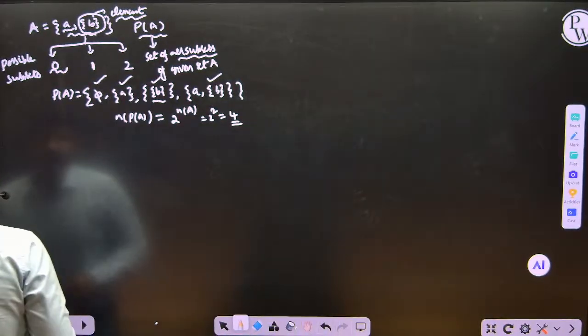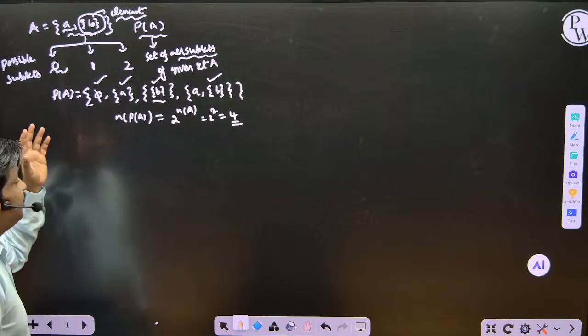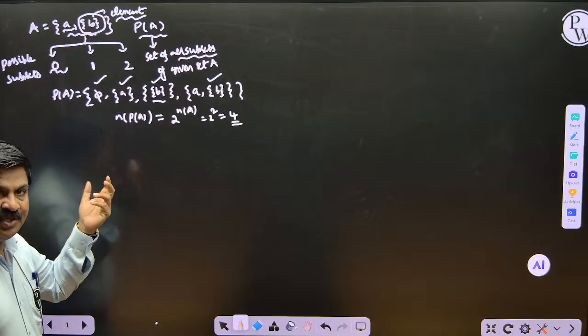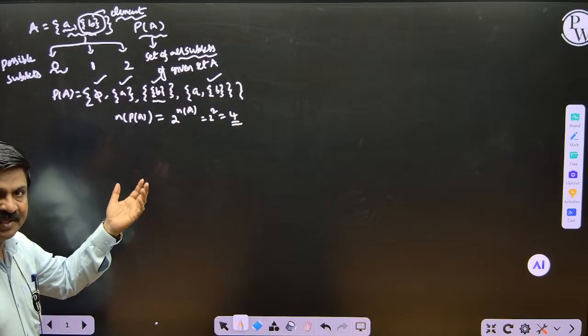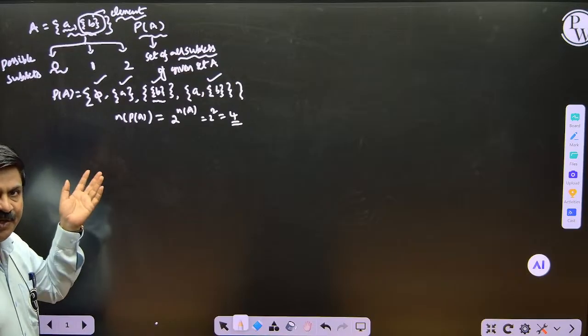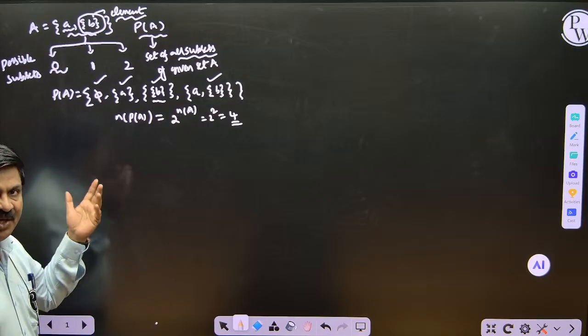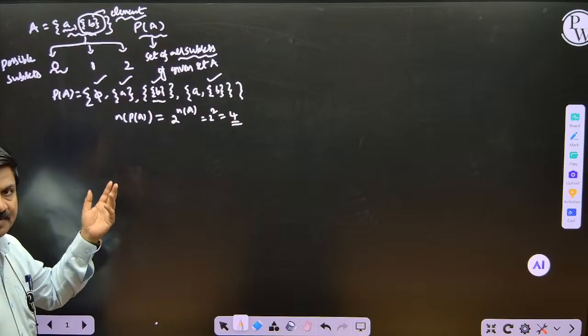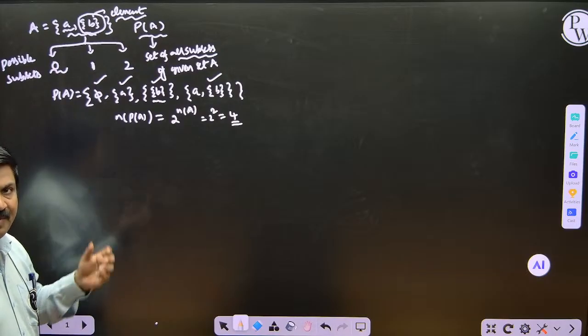Because the set has two elements, I consider zero element subset, one element subset, and two element subset. Zero element subset means null set. Two element subset means the set itself. Then one element subsets means you take one element in each set.